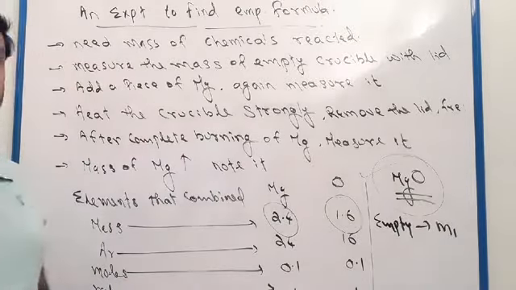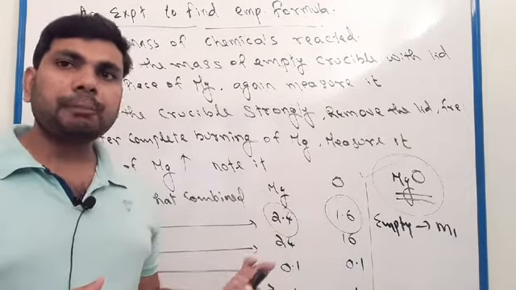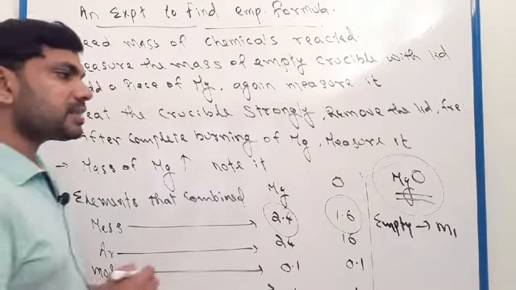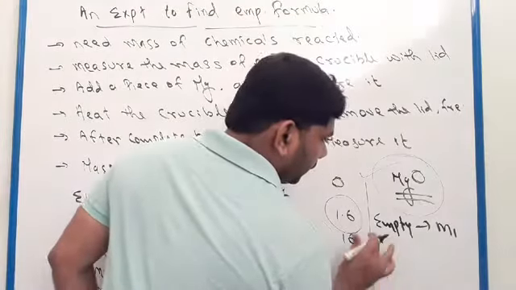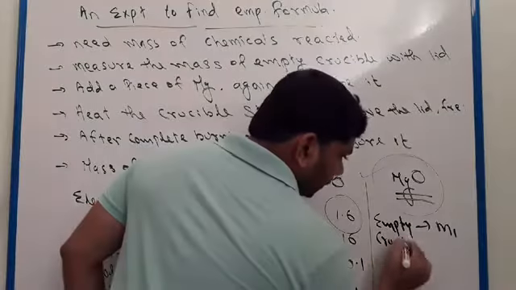Then put one piece of magnesium into this crucible and again measure its mass. It is M2, the crucible with magnesium.